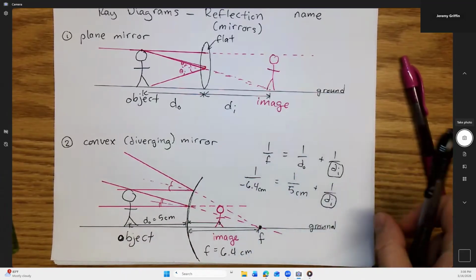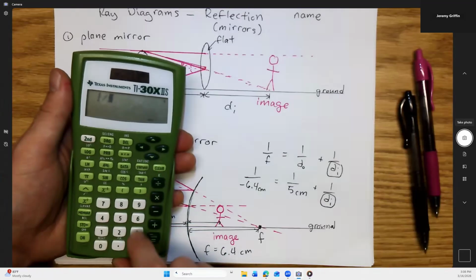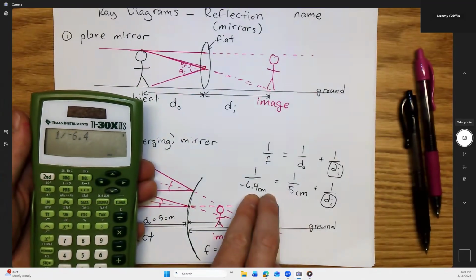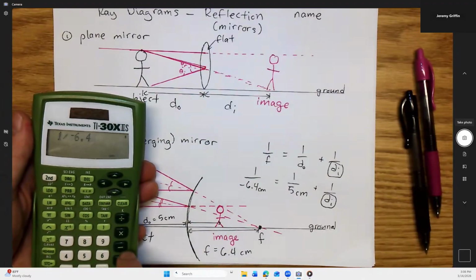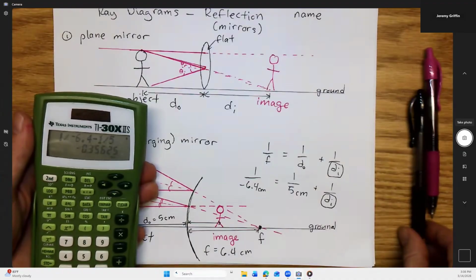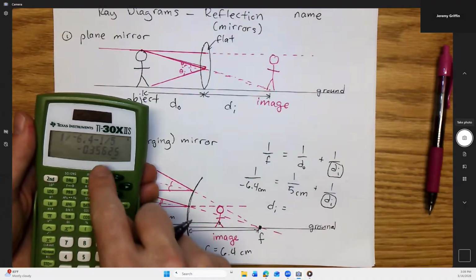Now it's a little cramped space right there. But in the calculator, I'll do 1 over negative 6.4. Guys, can you do the algebra with me? Can you subtract 1 over 5? So minus 1 over 5. Now this is equal to 1 over DI. So if I want DI, the distance image, what's the last step I have to do?